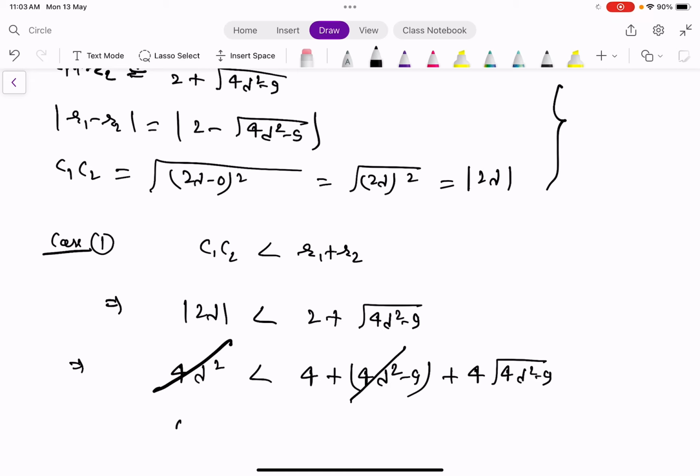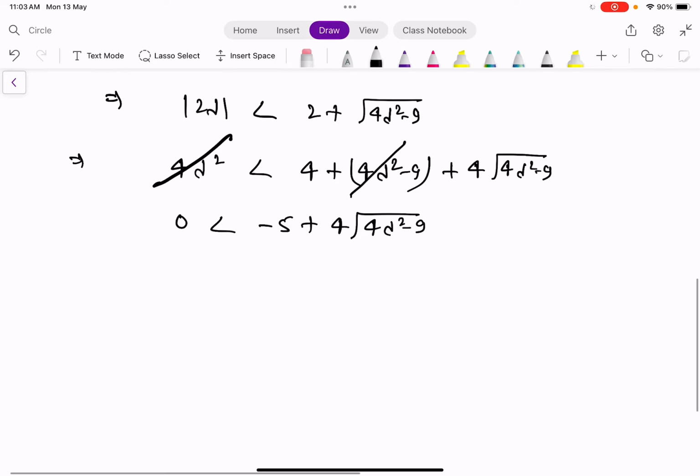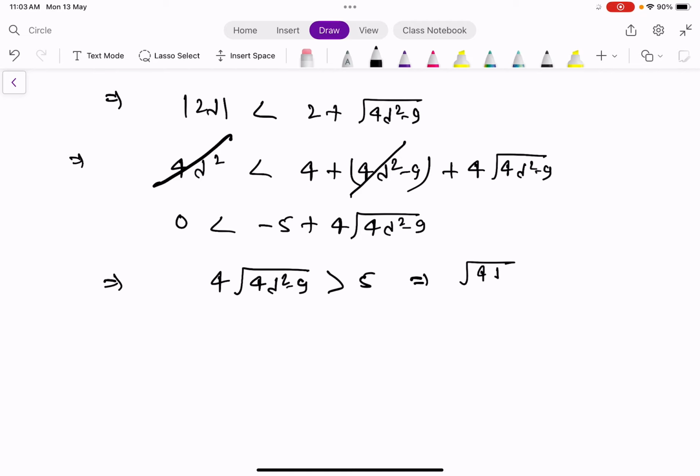What we got here is 0 is greater than 4 minus 9, that is minus 5, plus 4 under root of 4 lambda square minus 9. If you solve this again, 4 under root of 4 lambda square minus 9 is greater than 5, so under root of 4 lambda square minus 9 is greater than 5 upon 4.